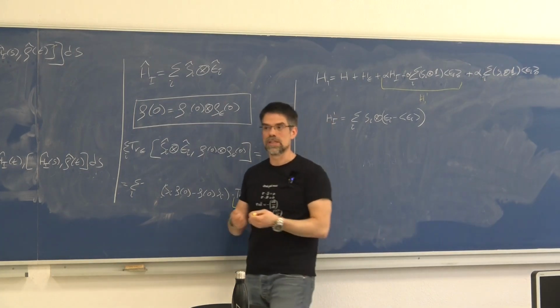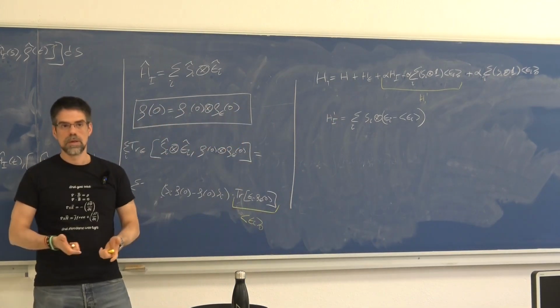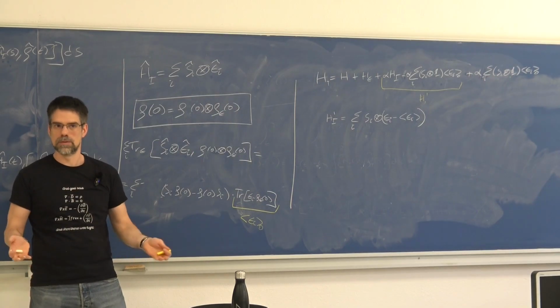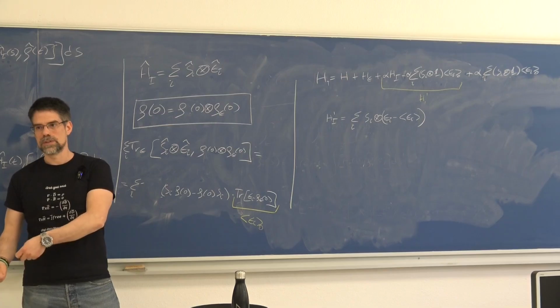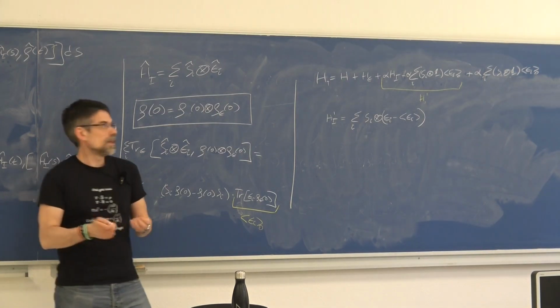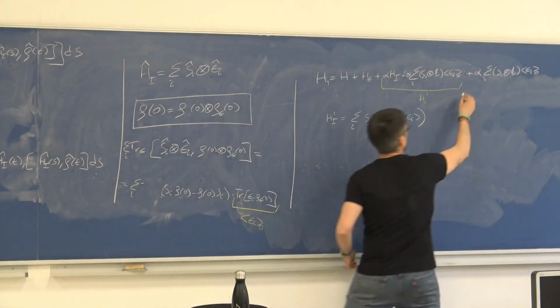Then when you calculate for this new interaction Hamiltonian this expectation value, you are ensured that you get 0. Because if they were not different from 0 at the beginning, you just remove them all the way on. And the price that you pay is that you have this.